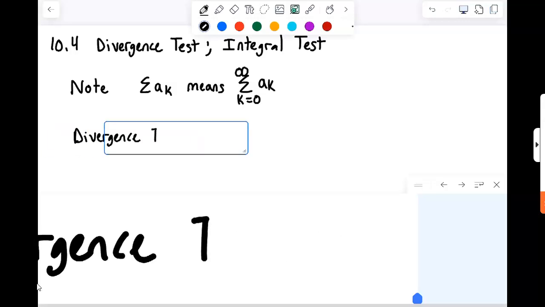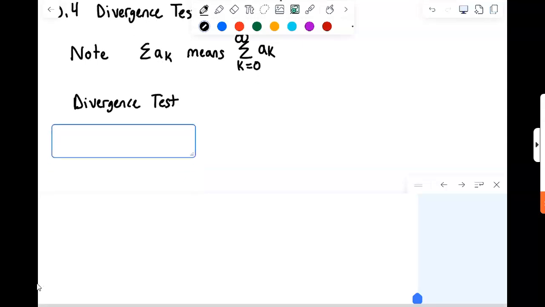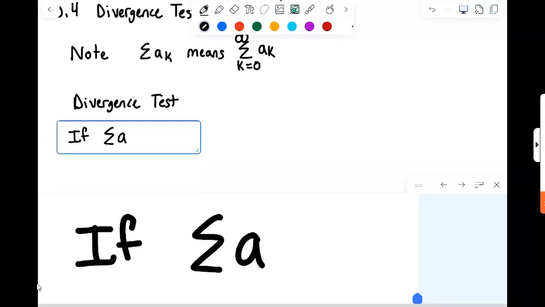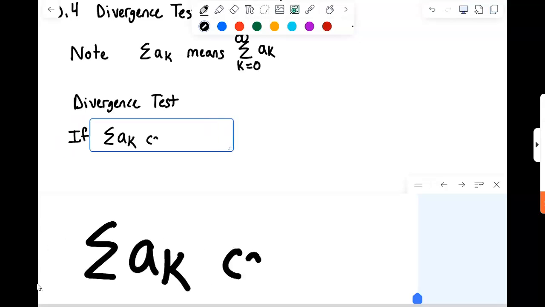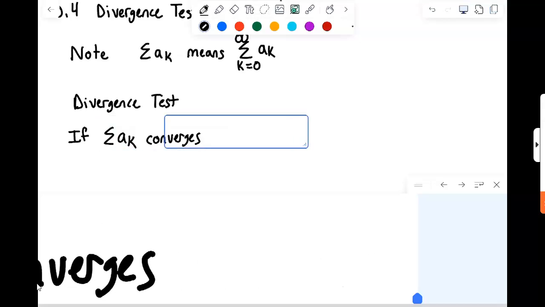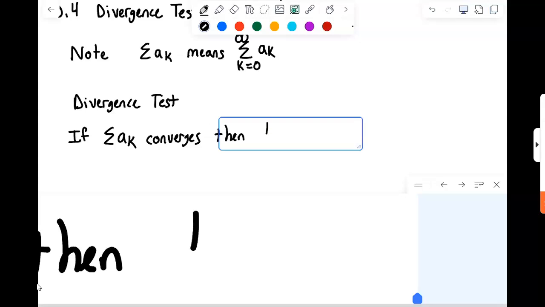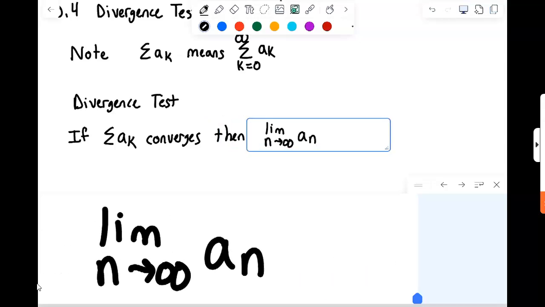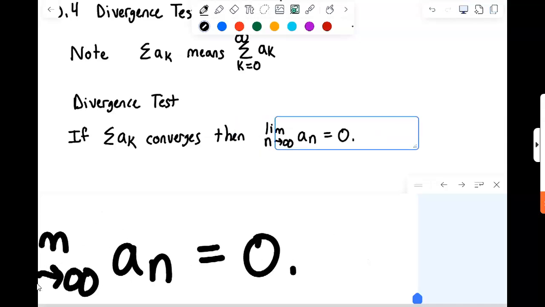The divergence test. We say if the infinite series converges, then this must be true, right? The limit of the underlying sequence has to be 0.